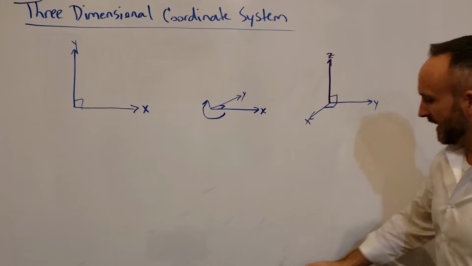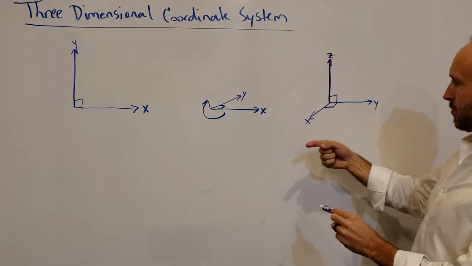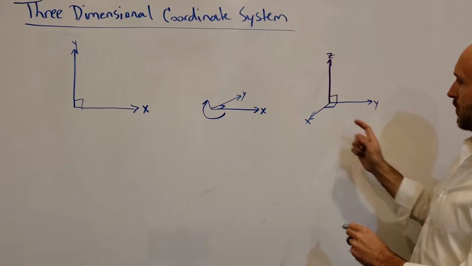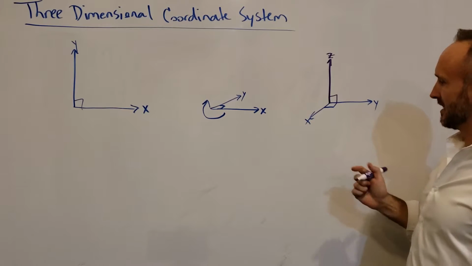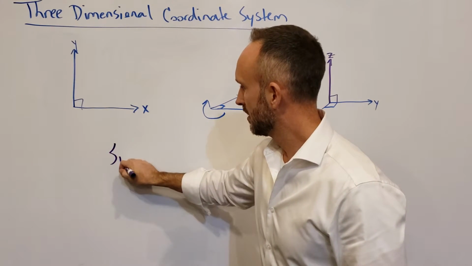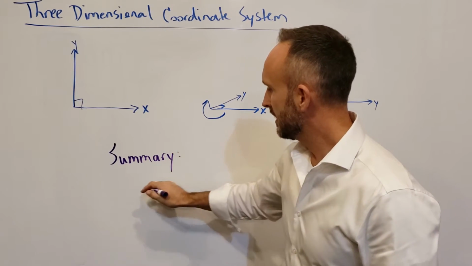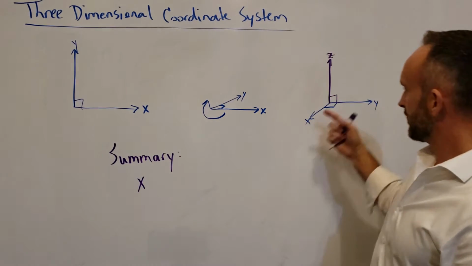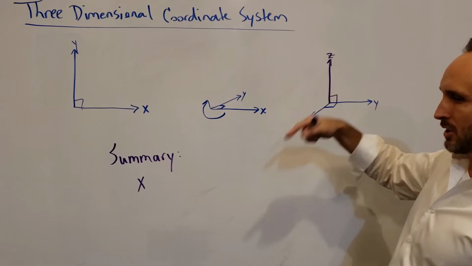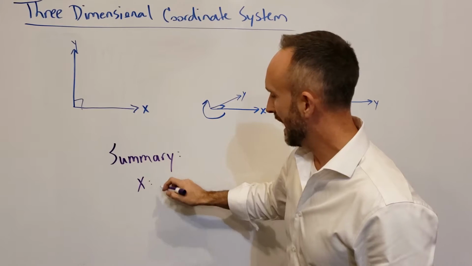So the positive x-axis is coming out of the board. The positive y-axis is to the right. The positive z-axis is up. So in summary, the x tells us forward, which is out of the board, or backward into the board. Okay? Out or in.